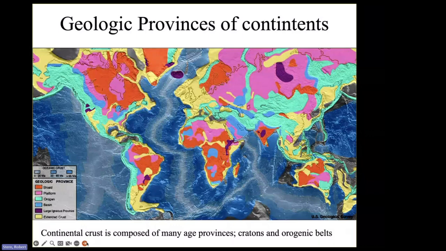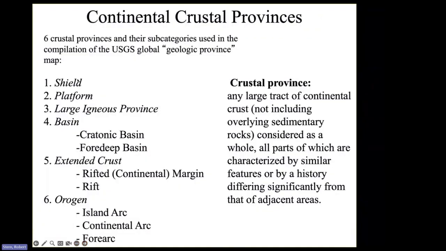And there are these different units called shields and platforms and origins and basins and large igneous provinces and lots of things like that. I probably need to zip through this because I want to get to lithosphere and asthenosphere. So these are the different units.